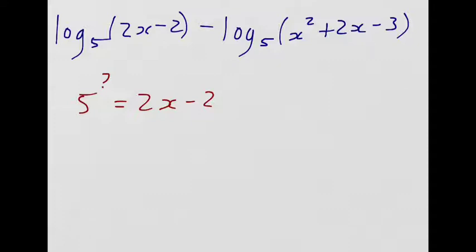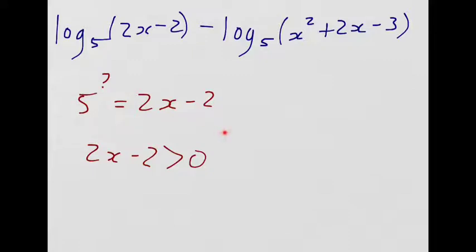Okay. Therefore, the only thing I really care about in terms of my restriction is when this expression is greater than 0. What values can x take on to ensure that that expression is greater than 0? That's what I care about for my restriction, because when I raise 5 to whatever power, this has to be greater than 0.